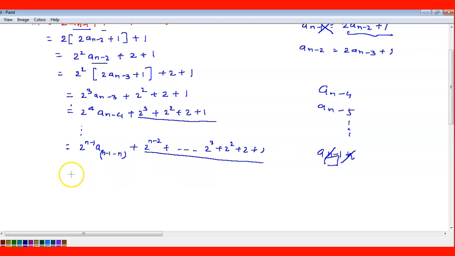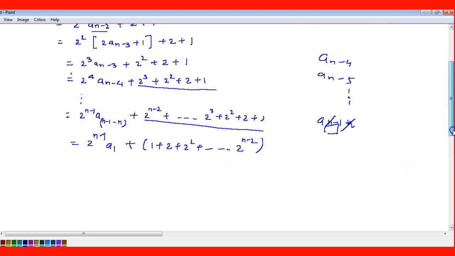So I can write there 2 to the n minus 1, this is a1, plus this one you write in the order 1 plus 2 plus 2 square and so on up to 2 to the power of n minus 2, right?